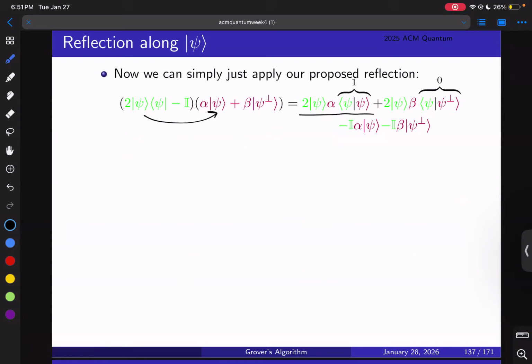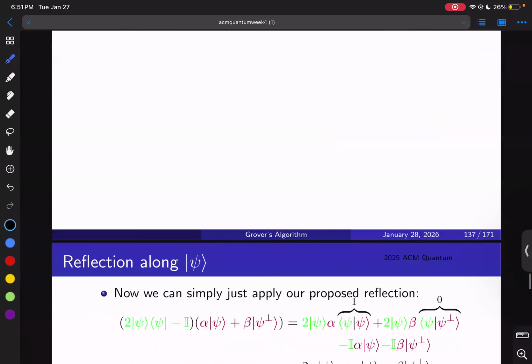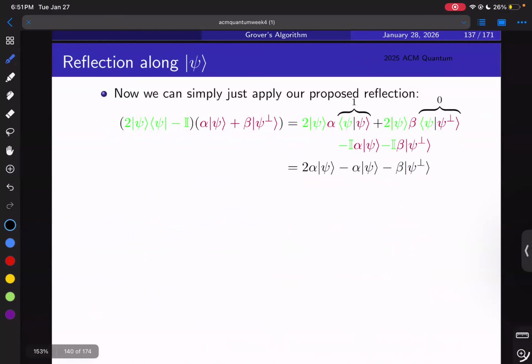And then this bra psi on this ket psi we know is 1 because of the orthonormality that we just said. The second term is this right here, but then we get a psi on psi perp, so 0. So this whole term goes away. And then I on this term, you get this. Then I on this term, you get this. So let's just clean that up and you get this right here.